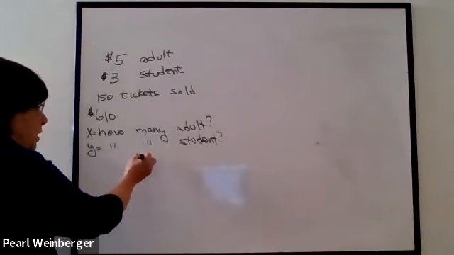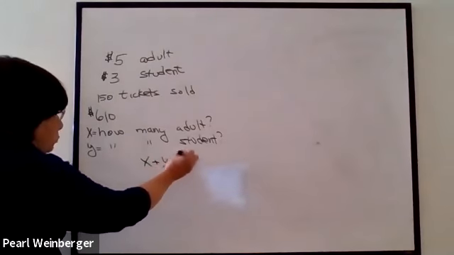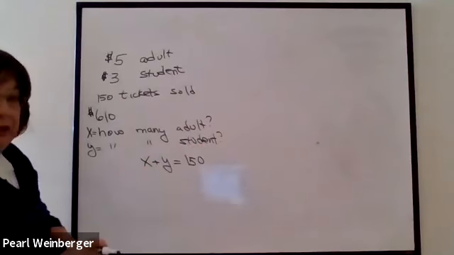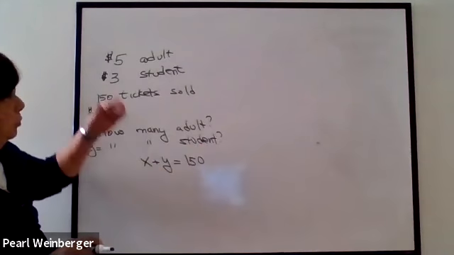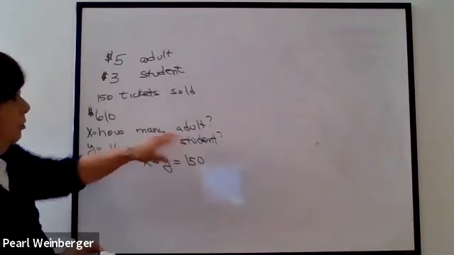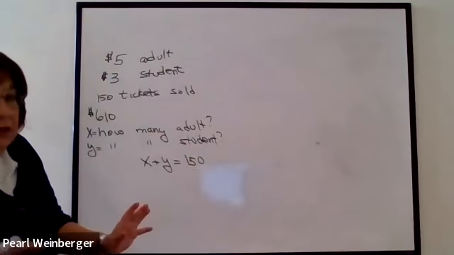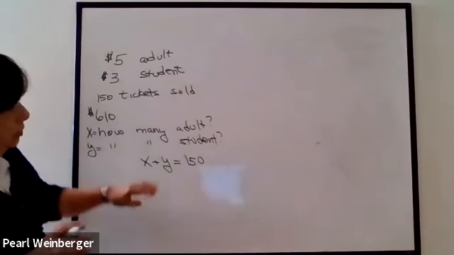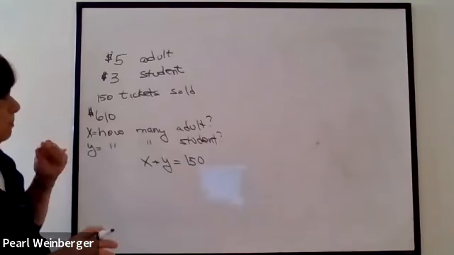So therefore, X plus Y equals 150 is our first equation in the system of equations. It has nothing to do with money, so we don't include the 5 or the 3. The 150 just talks about how many tickets there are, regardless of the price of the tickets. So my first equation becomes X plus Y equals 150.